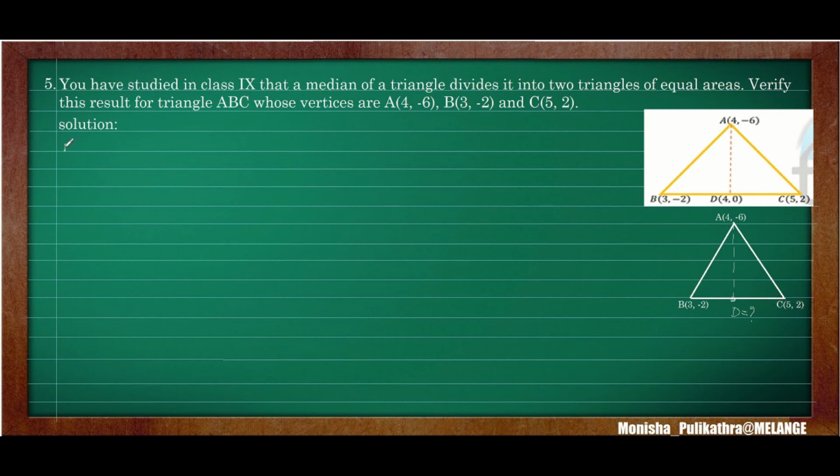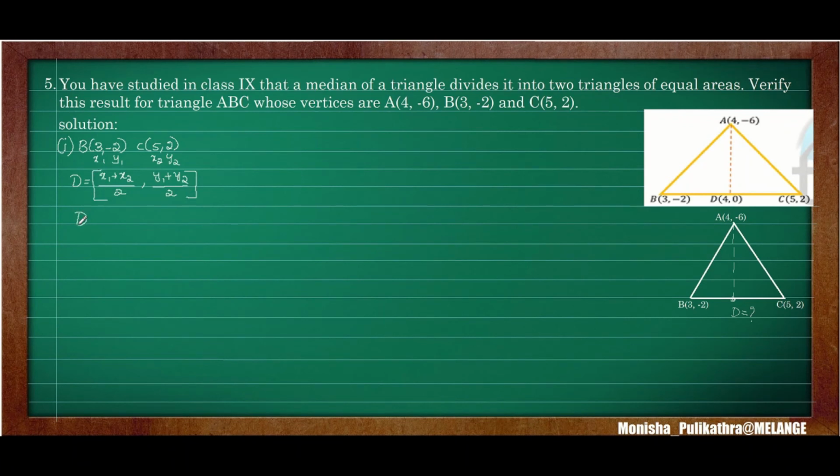Okay, so first B is given as 3 minus 2 and C is 5 2. So this is x1 y1 and this is x2 y2. So the midpoint D is given by x1 plus x2 by 2 and y1 plus y2 divided by 2.